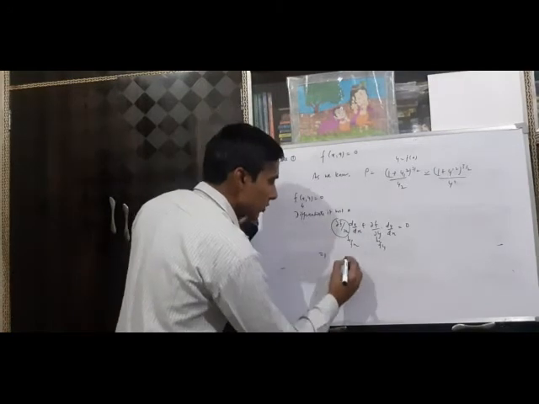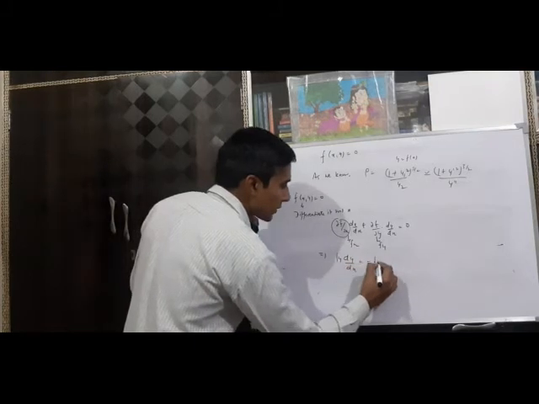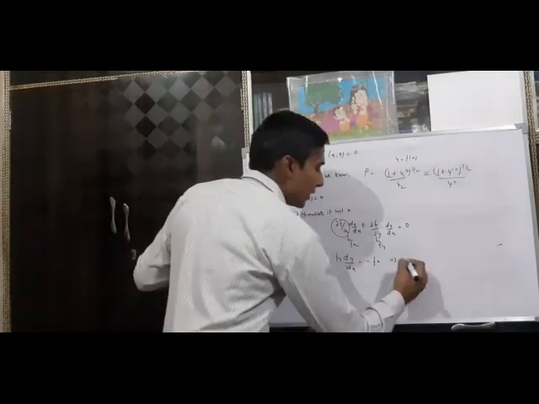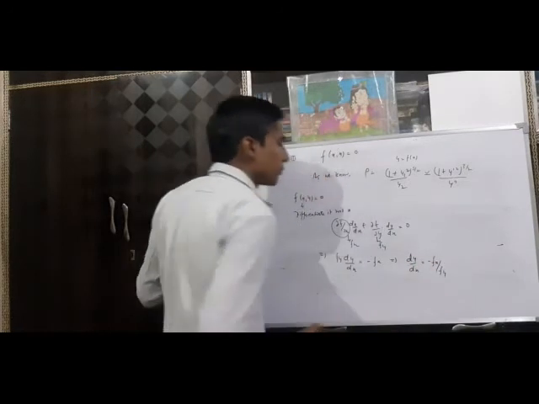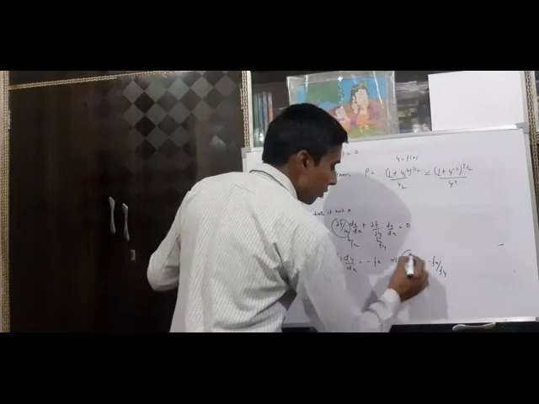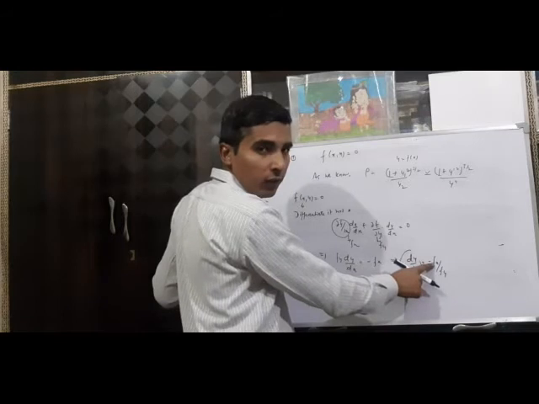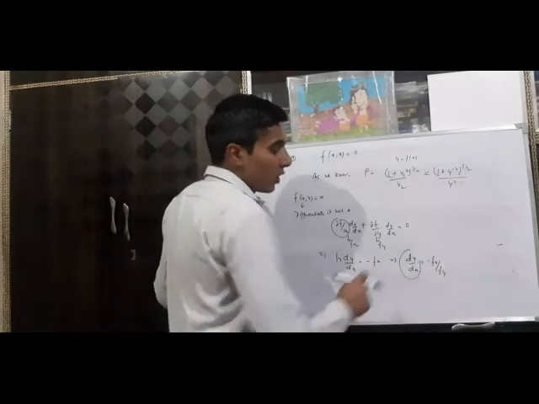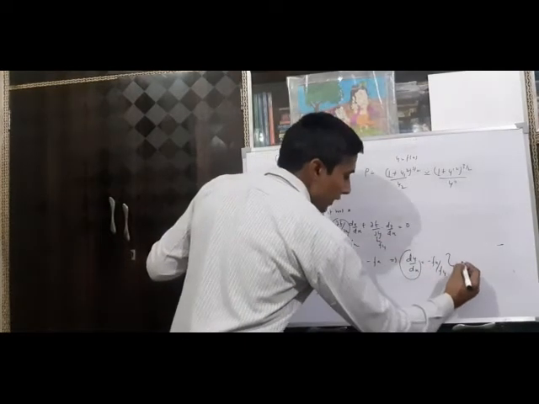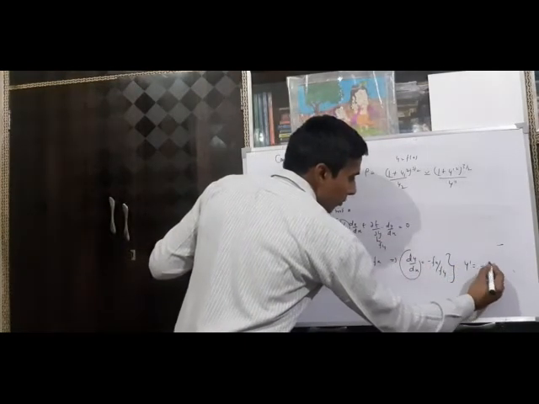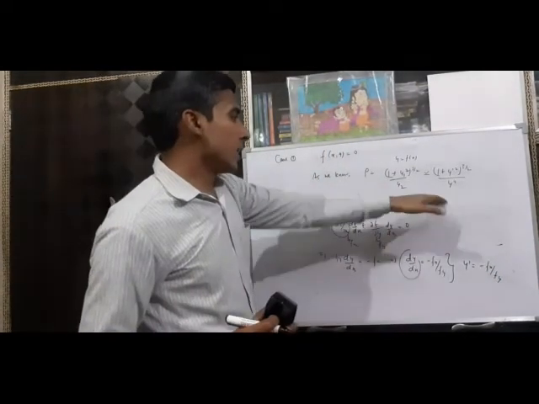So fy times dy by dx is minus fx, and that implies dy by dx is minus fx upon fy. So this is the value of the derivative of y with respect to x, which is minus the partial derivative of f with respect to x divided by the partial derivative of f with respect to y. Or in another notation, y prime is minus fx upon fy. Now we determine the second derivative.